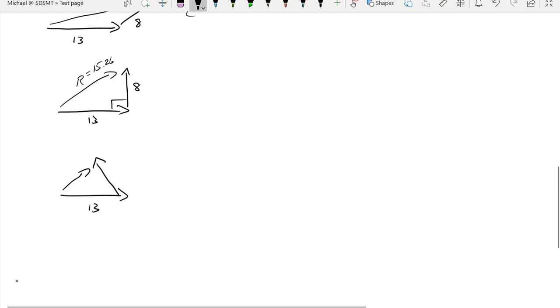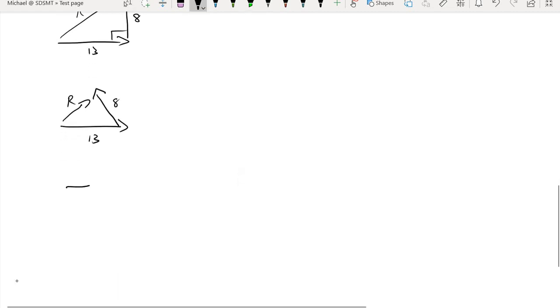our R value gets even smaller until we get to the other extreme, which is to add the vectors in an anti-parallel arrangement. So we do still have them added head to tail, but our resultant vector is always drawn from the start to the end point of our vector addition.